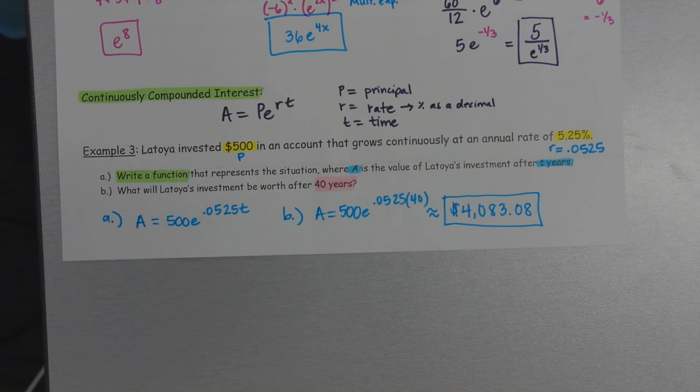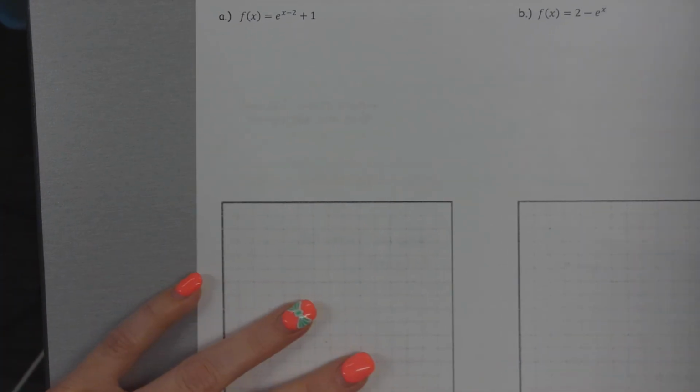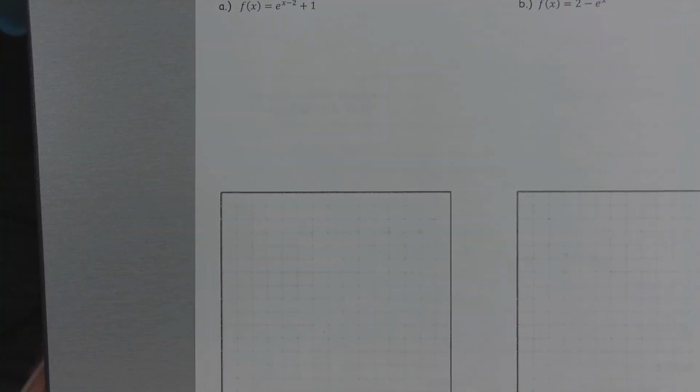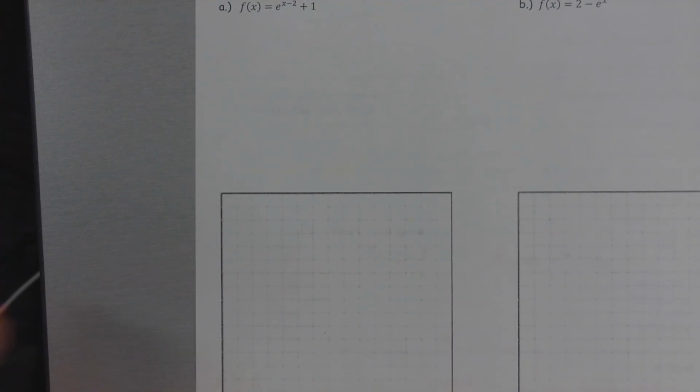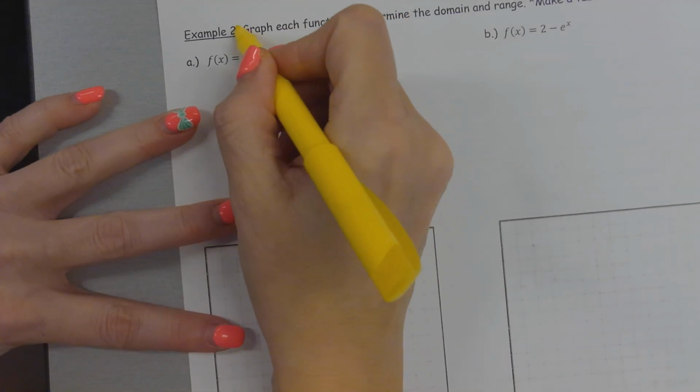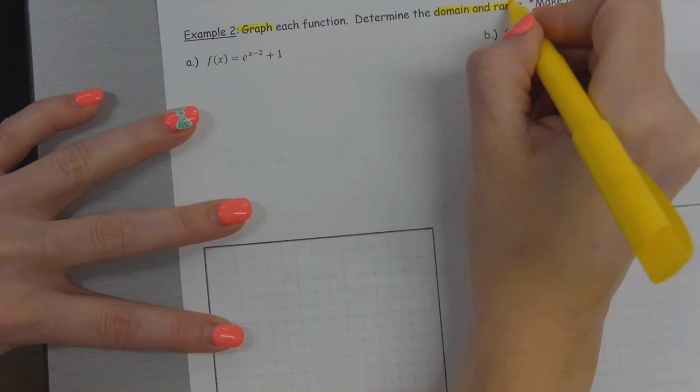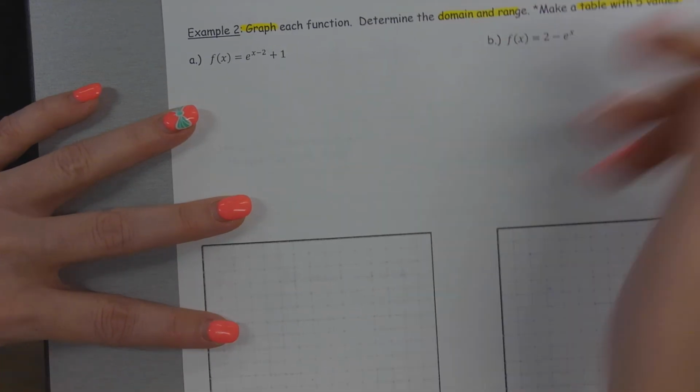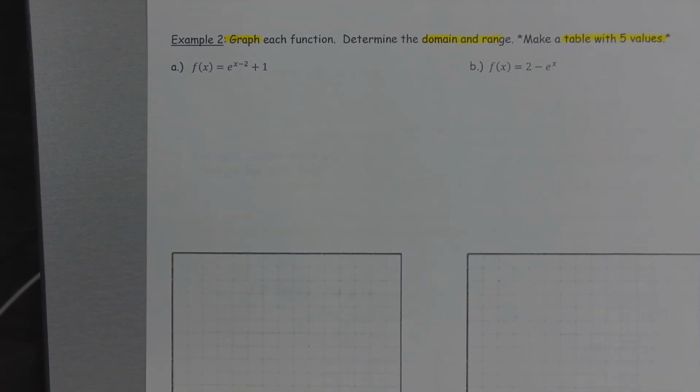All right, then for page 2, we are going to be graphing our functions and then determine the domain and the range. Okay, and we're going to make a table with 5 values. Okay, and you can have more, it just needs to be at least 5.